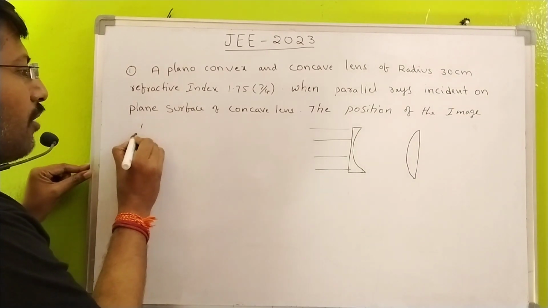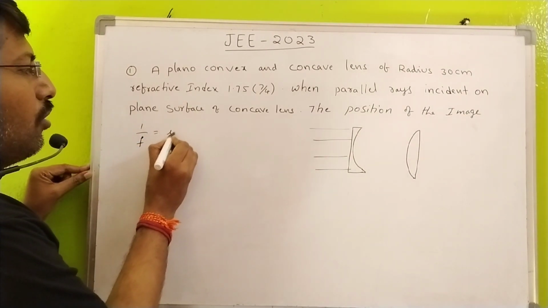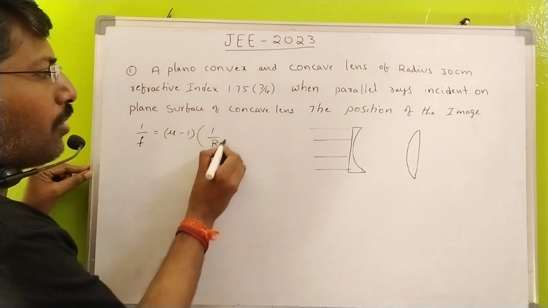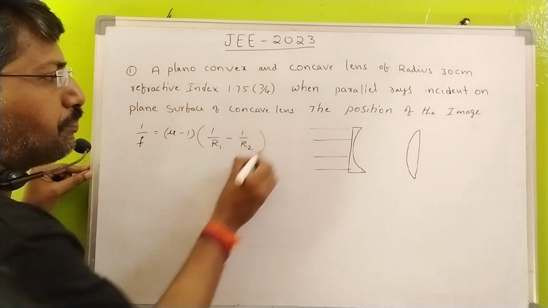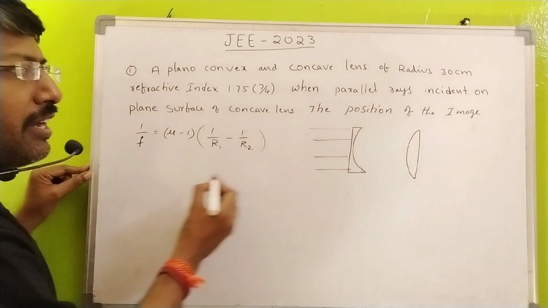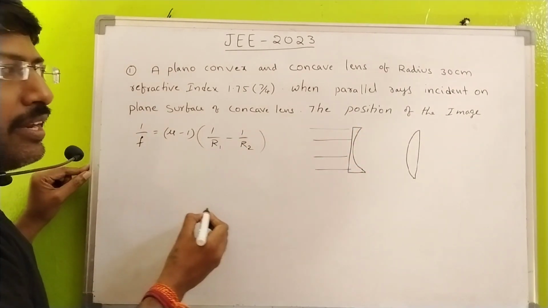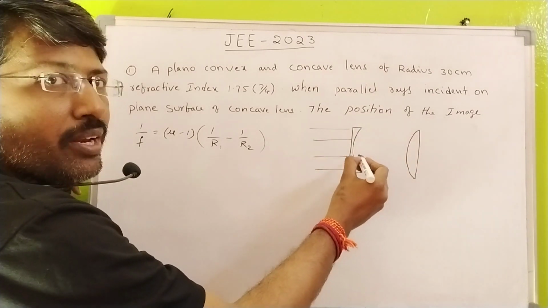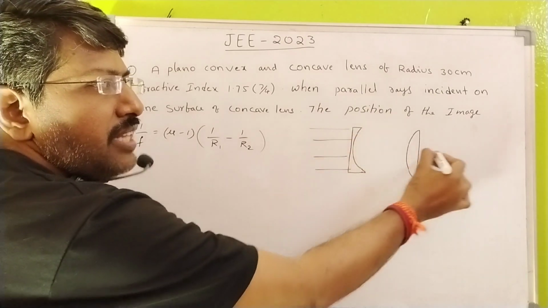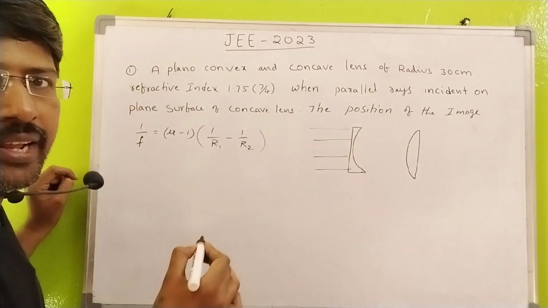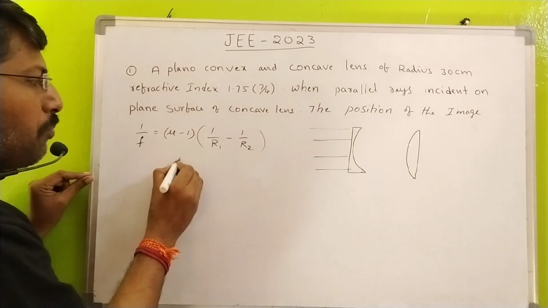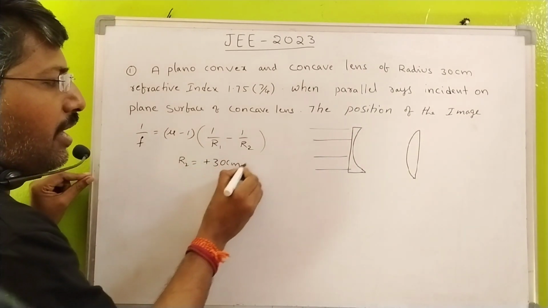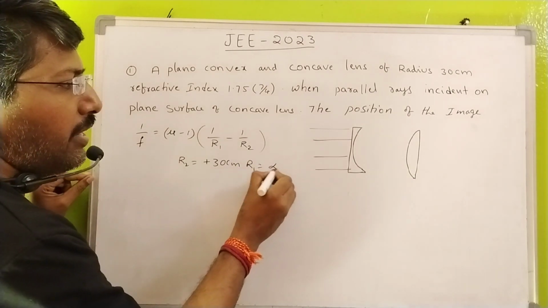We know the lens formula: 1/f is equal to (mu minus 1) into (1/R1 minus 1/R2). Here, for the first curvature, R1 is equal to infinity. If I draw the radius like this, the radius is in the same direction as the light rays, that means R2 is positive. So R2 is equal to plus 30 centimeter and R1 is equal to infinity.